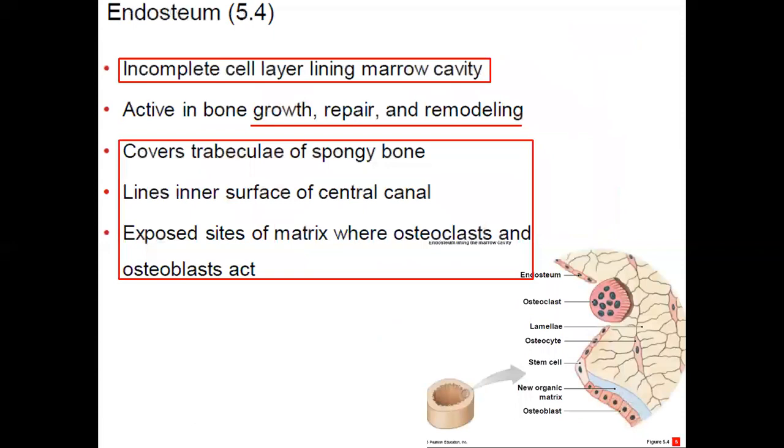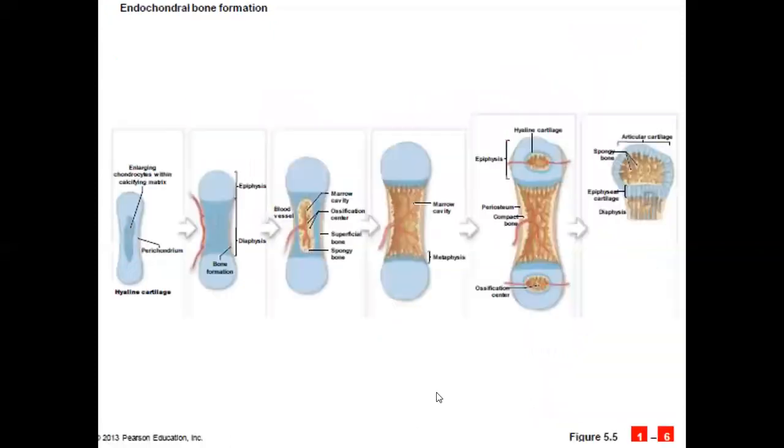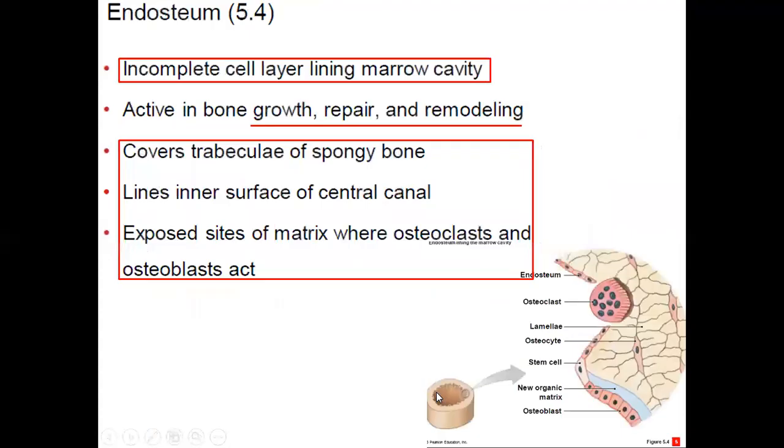On the endosteal side, so innermost, endo is within or lining the inside, osteo is bone, there's an incomplete cellular layer in the marrow cavity, in the center of the new bone. So here's a big cross-section of the diaphysis of a long bone. So the endosteal side is the inner side, the periosteal side is the outer side, around the bone, and here's an osteoclast.